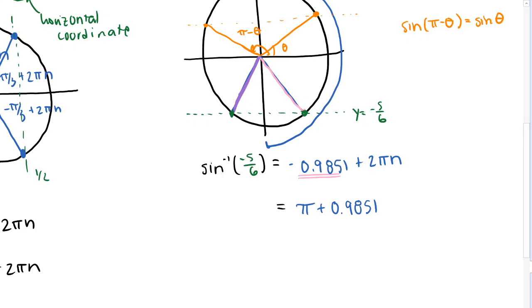This is going to give us one angle in this position here. And then we'll incorporate the coterminal angles. And so those are all the solutions to this equation, 6 sine of x plus 5 is equal to 0.